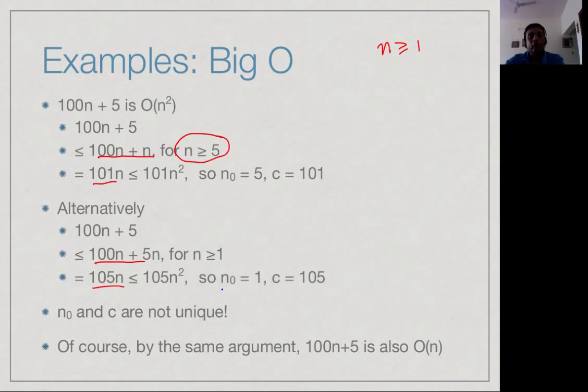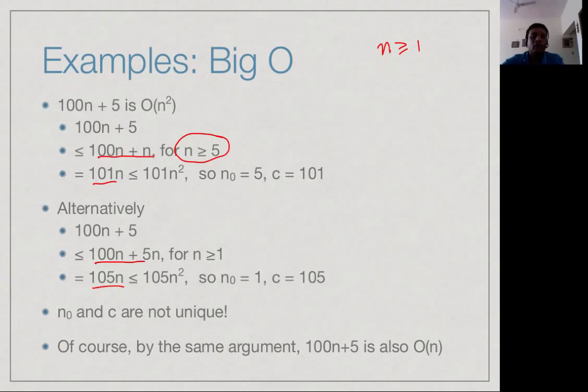And so we have a new way of establishing the same fact, where we have chosen n0 equal to 1 and c equal to 105. Right? So n0 and c are not unique. Depending on how we do the calculation, we might find different n0 and different c, but it doesn't matter how we choose them, so long as we can establish the fact that beyond a certain n0, there is a uniform constant c such that c times g of n dominates t of n.